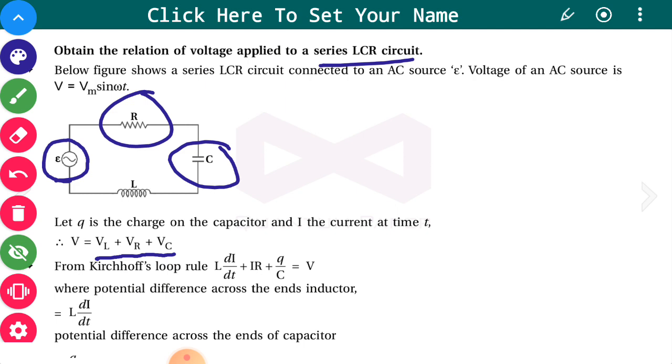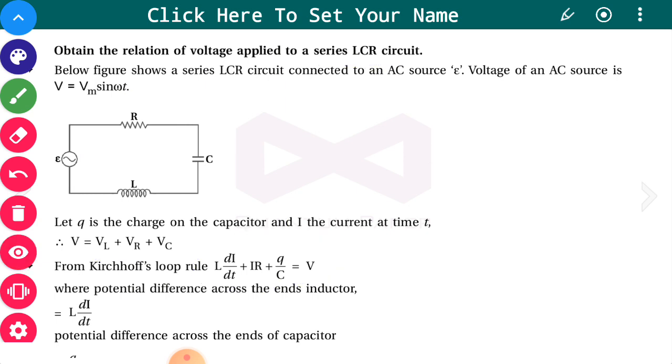So VL, VR and VC are the 3 voltages across the inductor, resistor and capacitor. The voltage across the inductor is L di by dt, across the resistor is I into R, and across the capacitor is Q by C. Kirchhoff's rule is applied, and we can write the total voltage V equal to L di by dt plus IR plus Q upon C.